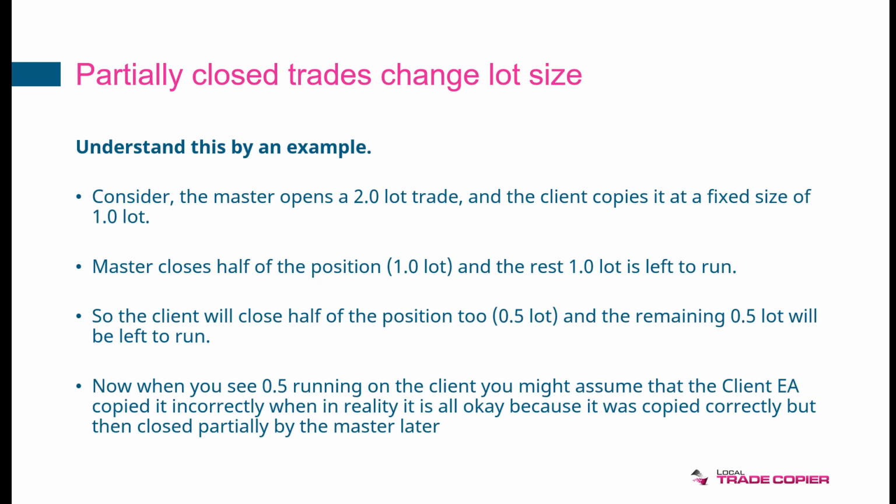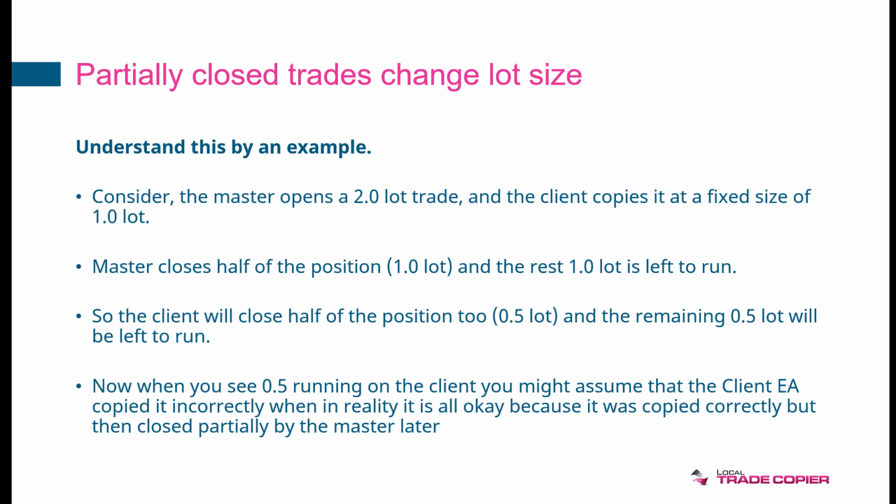Now, you come back to your platform later and you see that 0.5 trade running on the client, and you might assume that the client EA copied it incorrectly because you just set it to always copy a fixed lot size of 1, remember? But in reality, it's all okay because it was copied correctly at first at full lot size, but then closed partially by the master later.